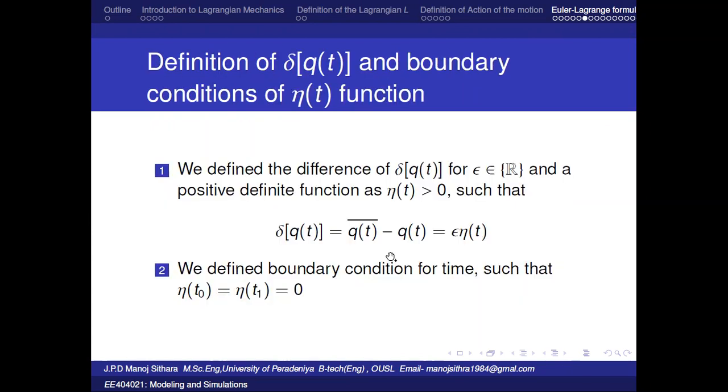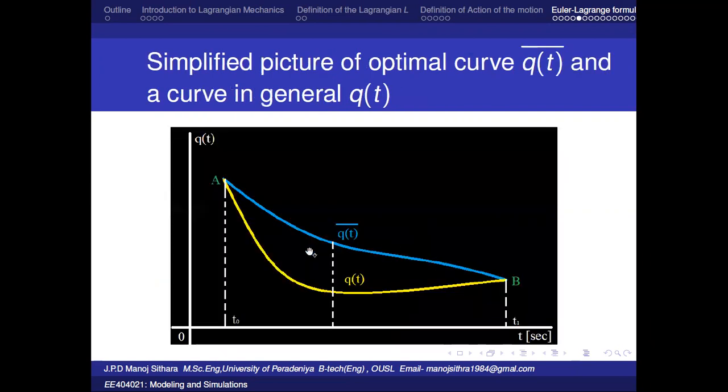If we go further, the difference can be well treated using the multiplication of epsilon and eta(t) for some unknown functional behavior. For example, if epsilon is 0, we don't have the difference between these two functions at some time.